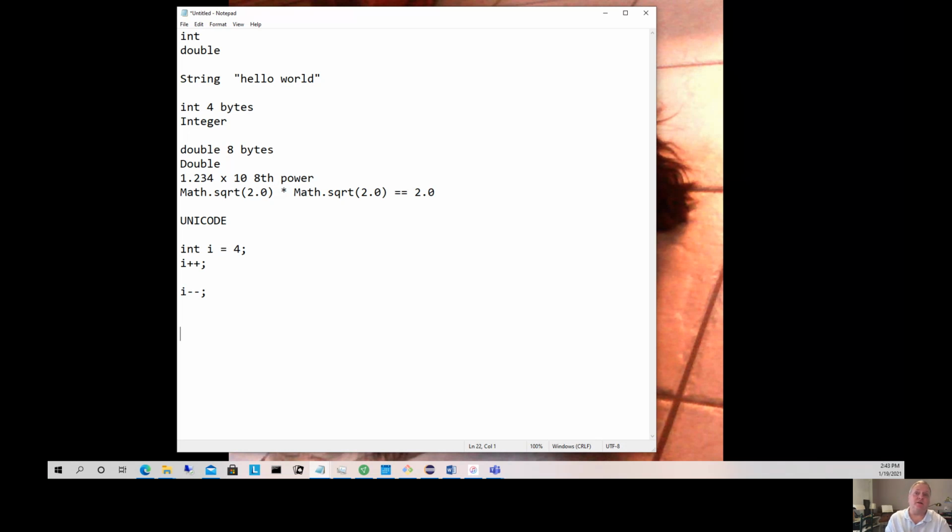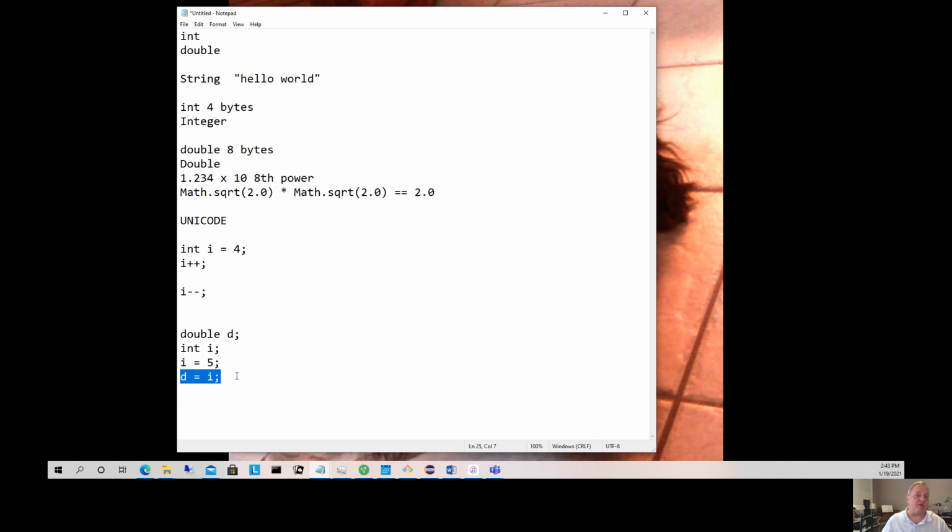Now, this gets into data conversions. Again, Java is a safe language. So if I have a double variable and an int variable, I can do conversions such as this.